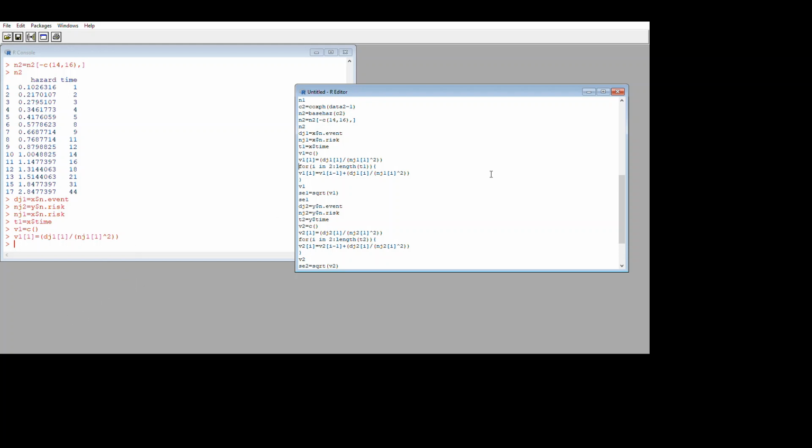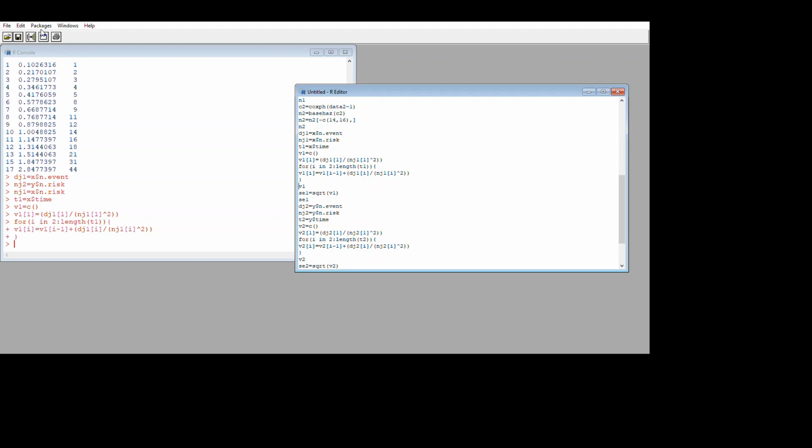Then we use a for loop to compute the remaining values: for i equal to 2 to the length of t1, v1 of i equal to the (i-1)th element of v1 plus the ith element of dj1 divided by the ith element of nj1 square. Then we close the loop.